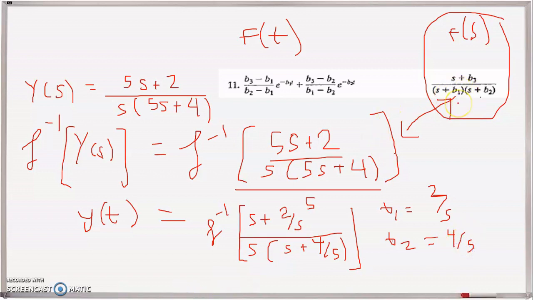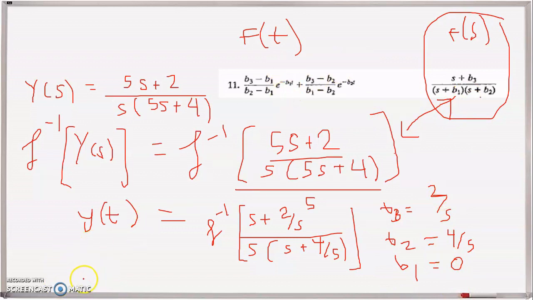Oh, sorry, I think this one is b3, because up here is b3. So b3 is 2 over 5, b2 is 4 over 5. How about b1? If you look here, here we only have s, so basically b1 is equal to 0. By identifying all these expressions, you can convert it into this expression.